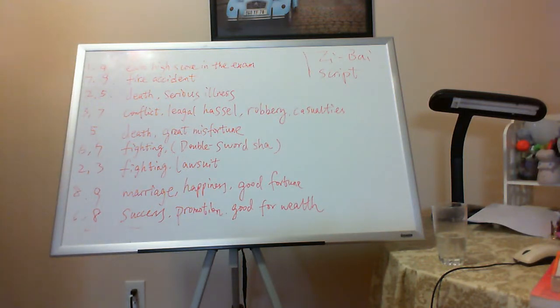But my main purpose for this class is I just want to show you how to do the analysis without remembering the script. We usually call that Zi-Bai analysis of the flying star map.